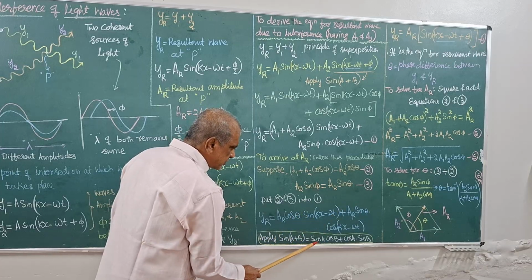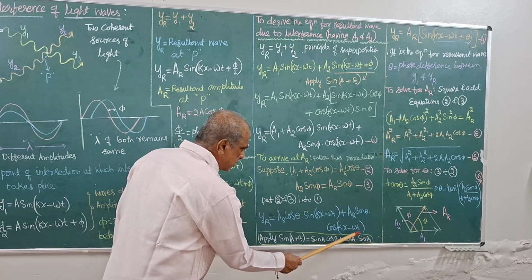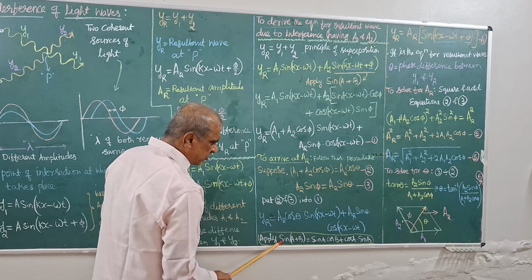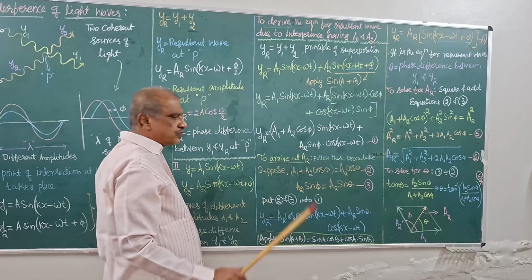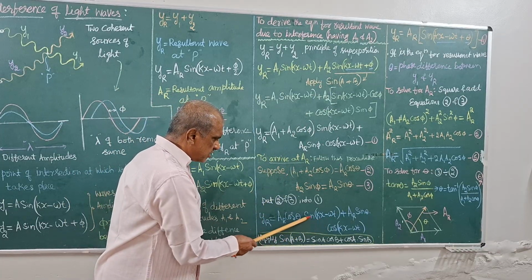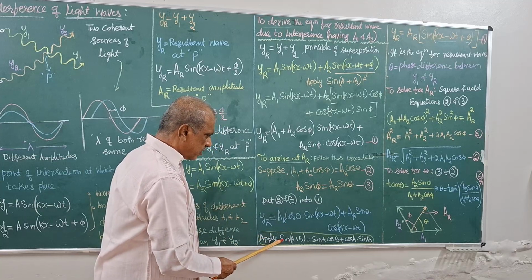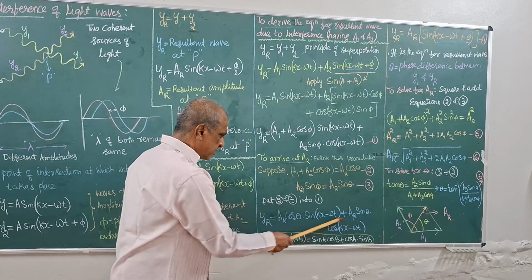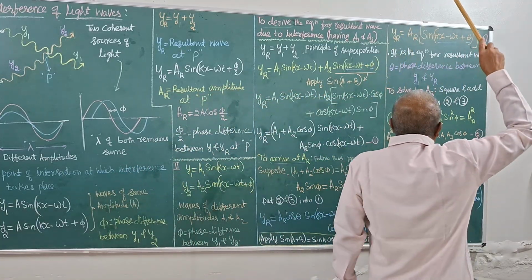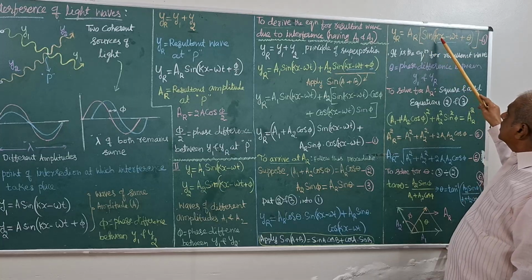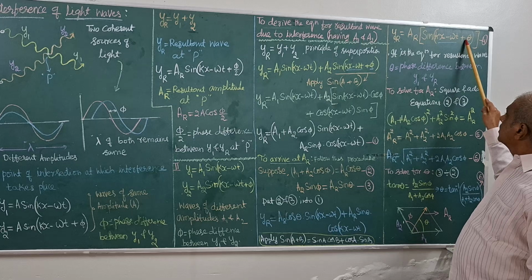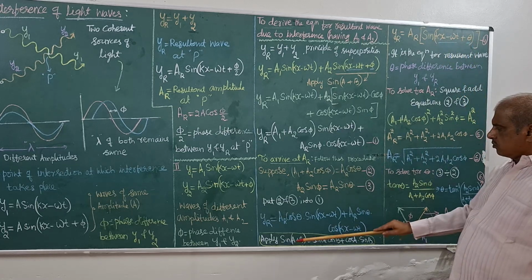This is of the form sin A cos B plus cos A sin B. We can write this in simplified form as sin of A plus B. It is just the reverse of this. This is A, this is B. So this entire thing is AR, the common factor you have taken out, times sine of kx minus omega t plus theta. Here theta is the B.